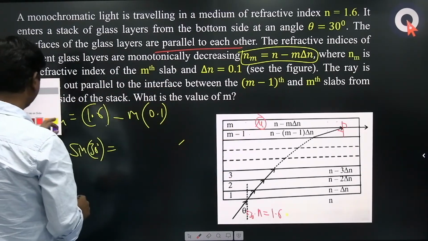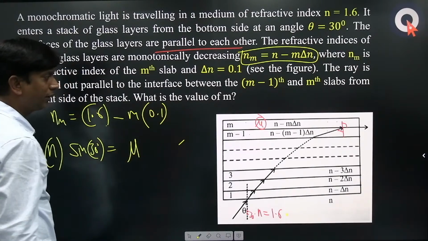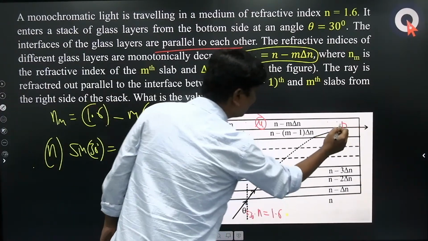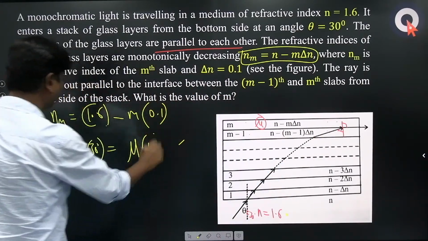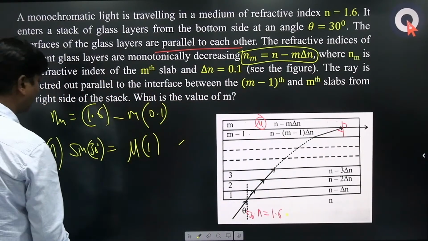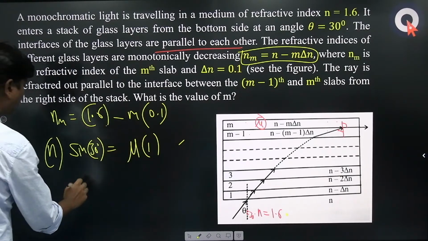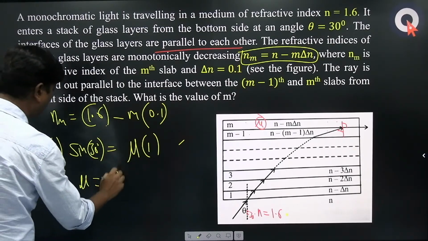So nu into sin of the angle it is making in this particular medium, 90 degrees, so sin 90, which is 1. And the new value you will be getting is exactly n by 2.